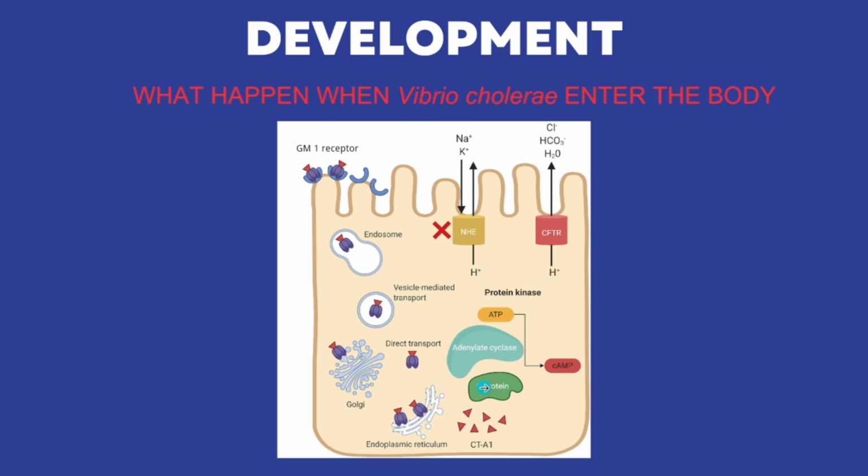When it activates the G protein, it leads to an increase of adenylyl cyclase activity, one of the enzymes. It increases the adenylyl cyclase enzymatic activity, which cleaves ATP to become cAMP. And when you activate cAMP, it will activate protein kinase.